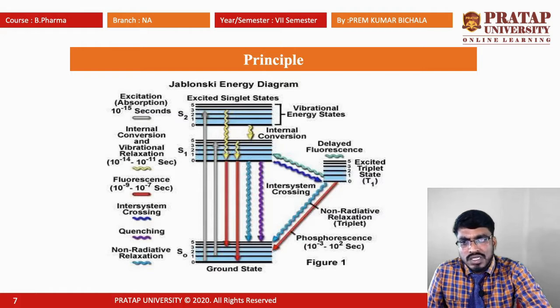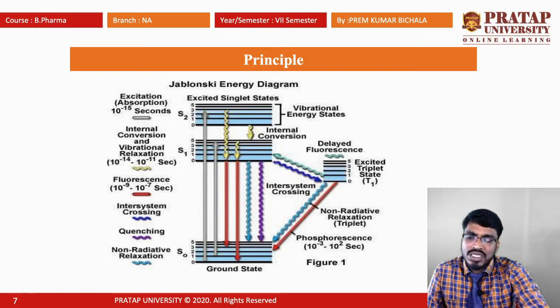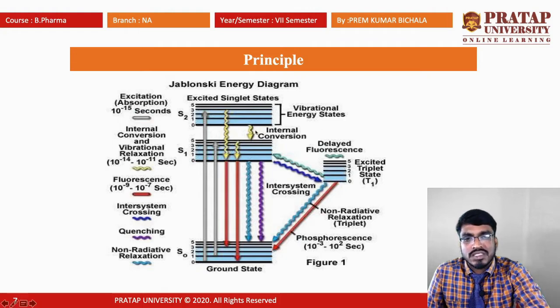Here the yellow color mentions the vibrational relaxations, which we can call collisional deactivation. In this there is no energy released, and after that it converts by internal conversion. From here the emission of radiation may take place with some energy.